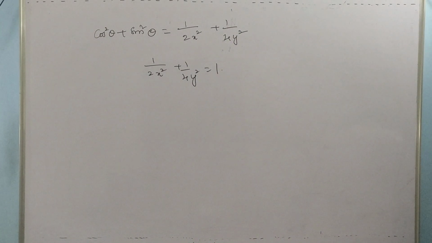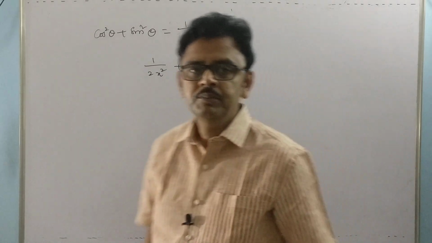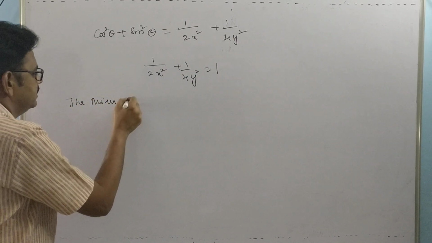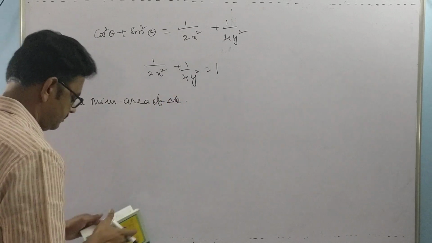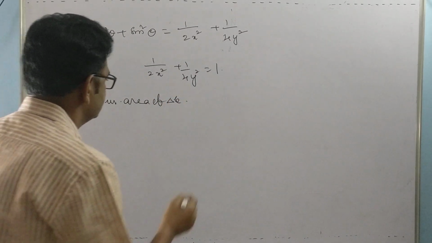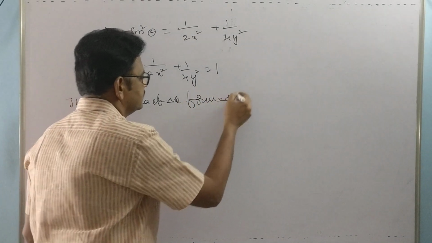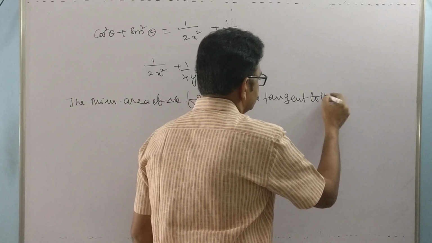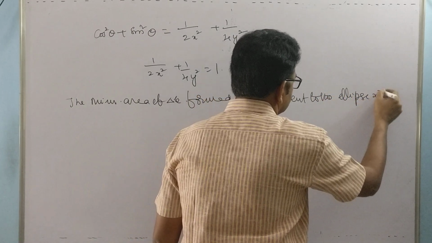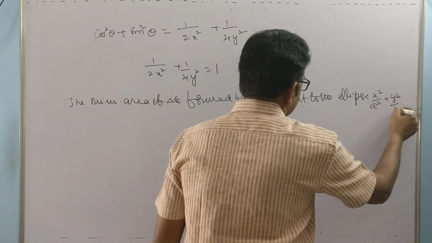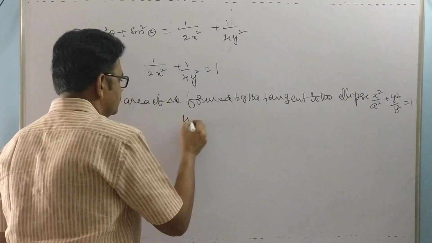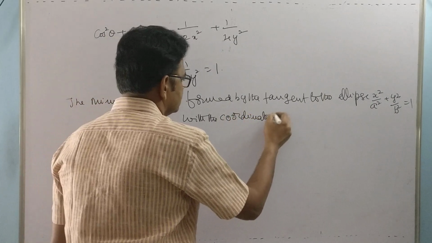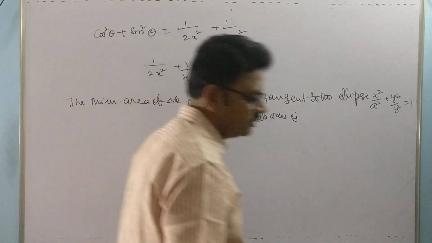Next one: the minimum area of the triangle formed by the tangent to the ellipse x square by a square plus y square by b square is equal to 1 with the coordinate axis.